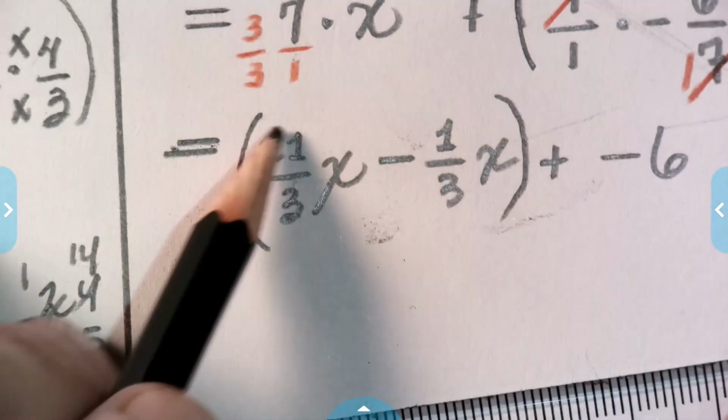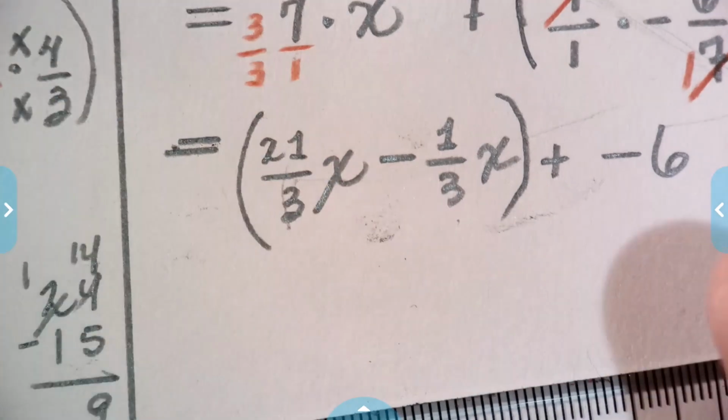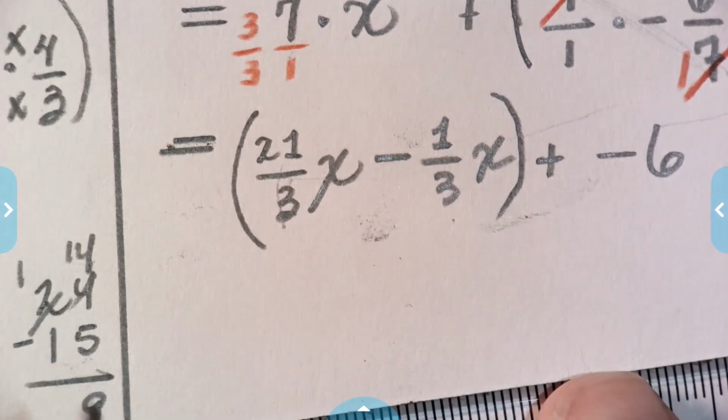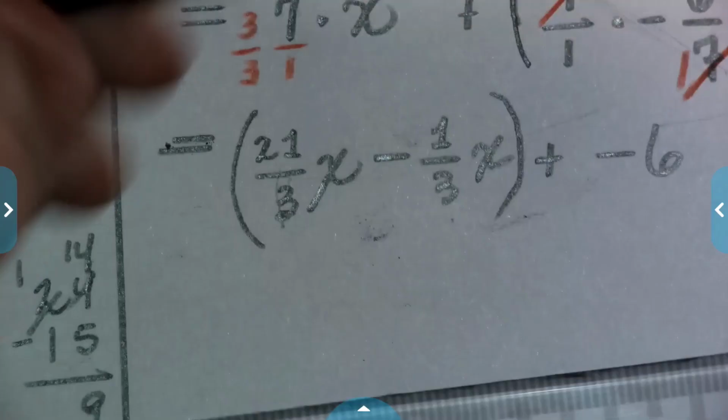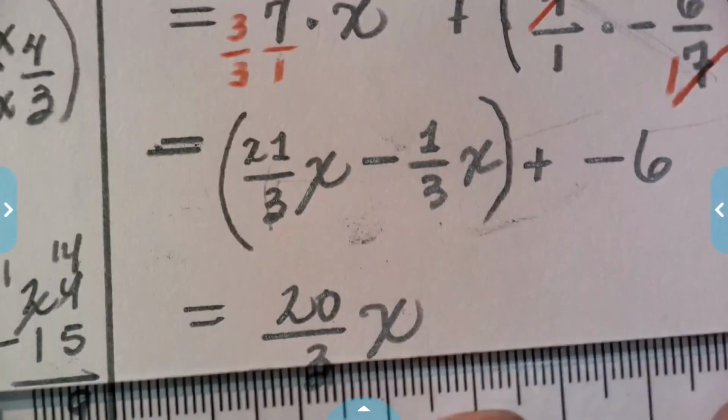Well, 21/3 minus 1/3 is 20/3. So 21/3 x minus 1/3 x is 20 over 3x. So this equals 20/3 x minus 6.